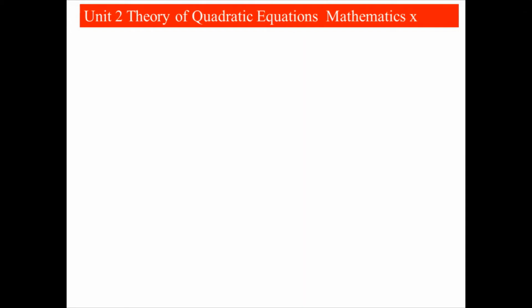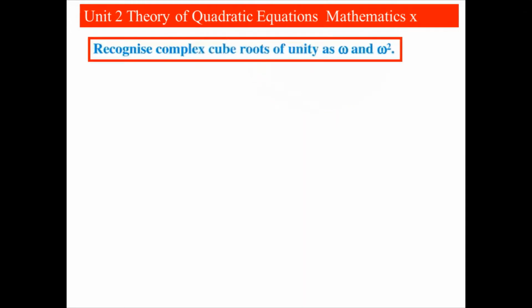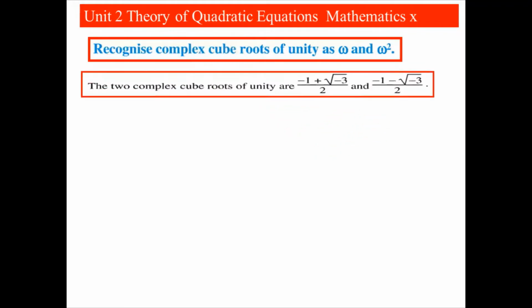Next, we denote the complex cube roots of unity as omega and omega square. The two complex cube roots of unity are minus 1 plus square root of minus 3 all divided by 2, and minus 1 minus square root of minus 3 divided by 2.